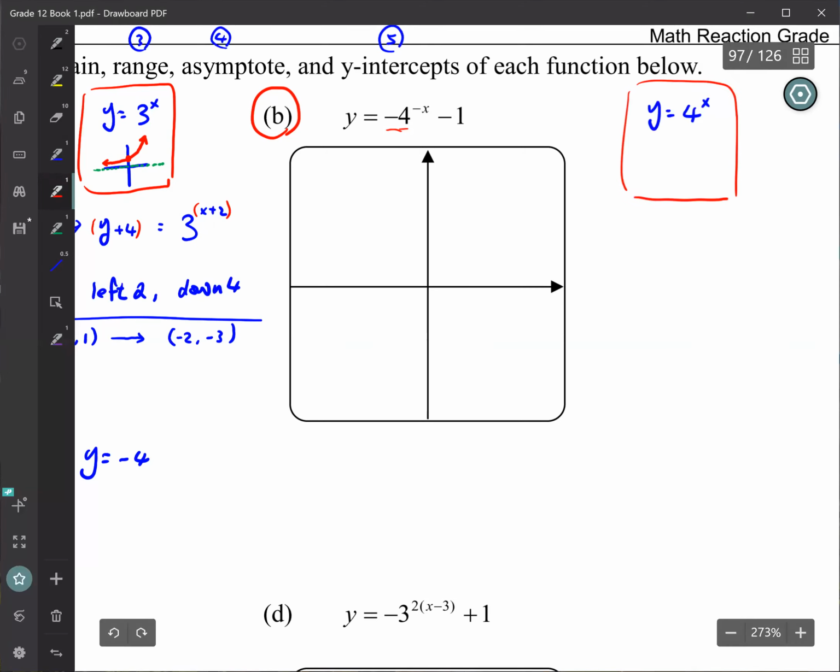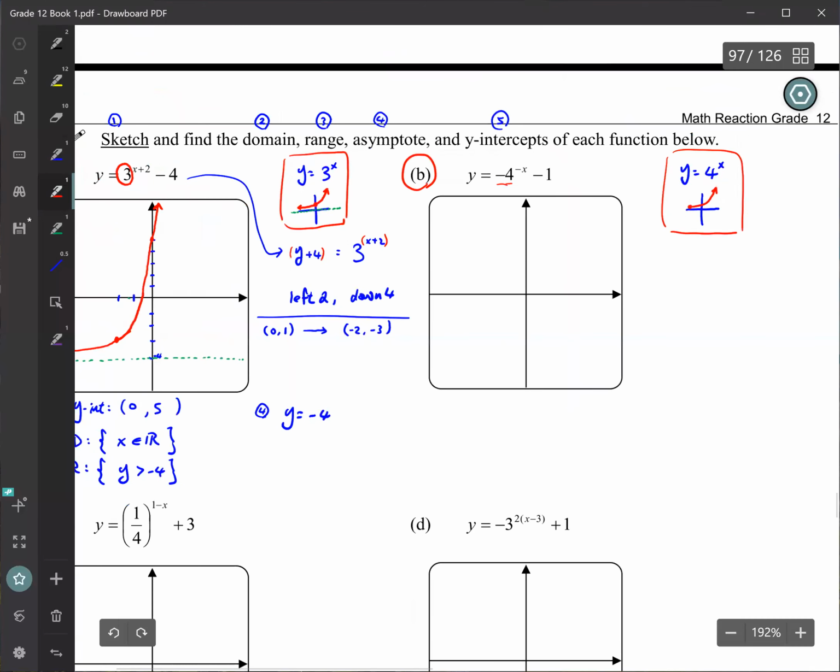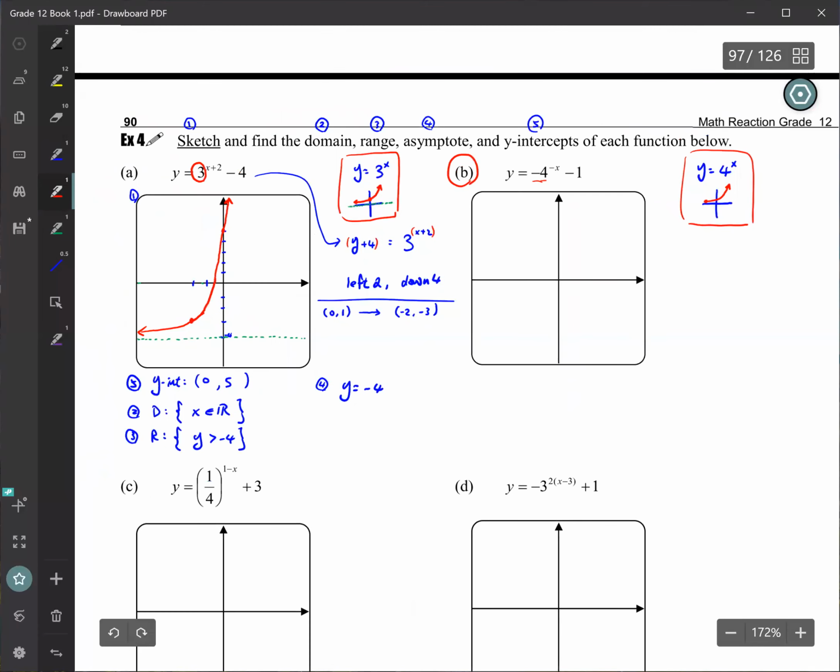This one is still the one that came from the increasing one, because base is 4, bigger than 1. And then from there, think about the story. Once you get a story, you get a point, get the asymptote location. And then you can start answering the 5 things. If you finish this question, you can raise your hand. Just question B for now.